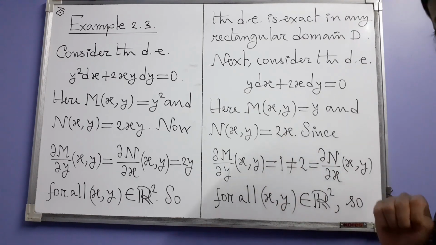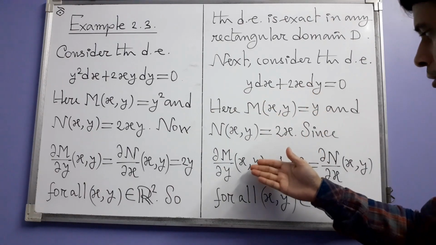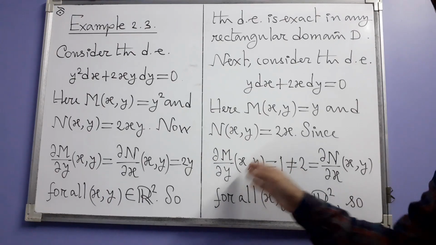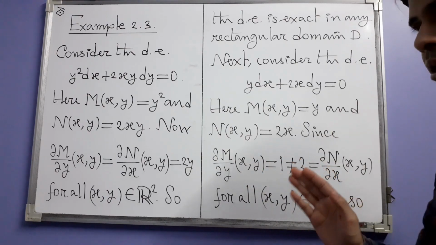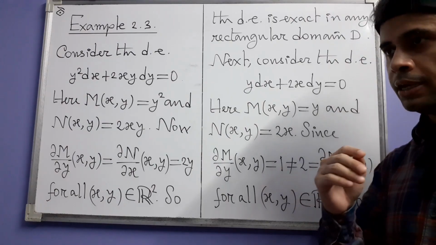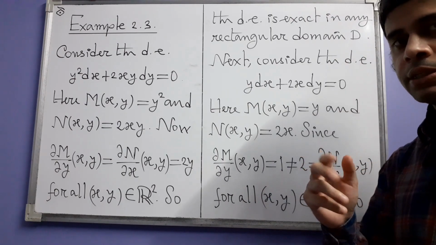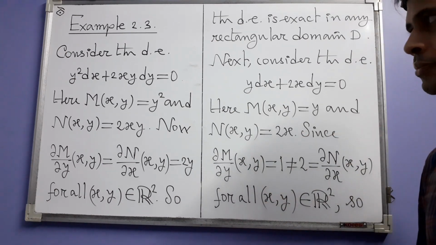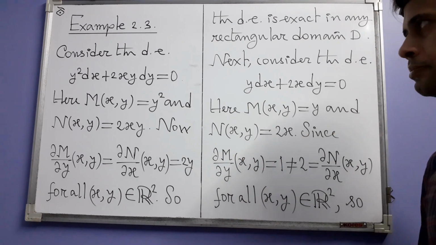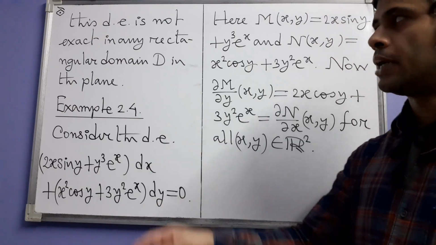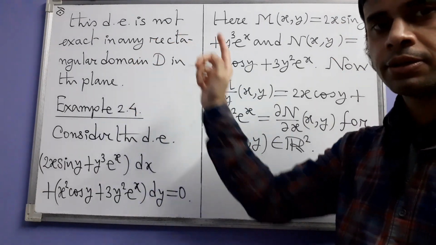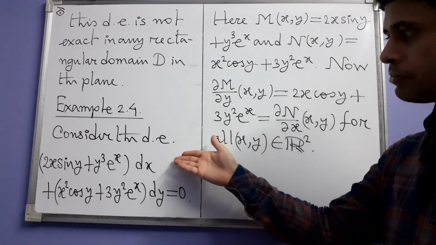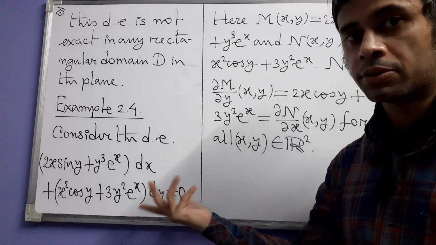So they are never equal, and this inequality, that these two partial derivatives are not equal, is true everywhere in the plane. So in particular in any rectangular domain also this is true, so it will not be exact. So let's continue from that side. Okay, so we write that the second one is not exact in any rectangular domain in the plane.